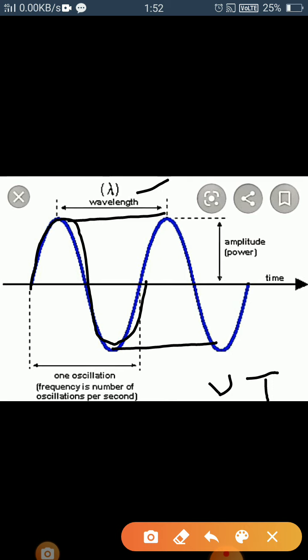Amplitude is the displacement of a particle from its mean position to either side of the wave, or simply the maximum distance from its mean position, and it is measured in meters. So now we know all the terms and we do some examples.